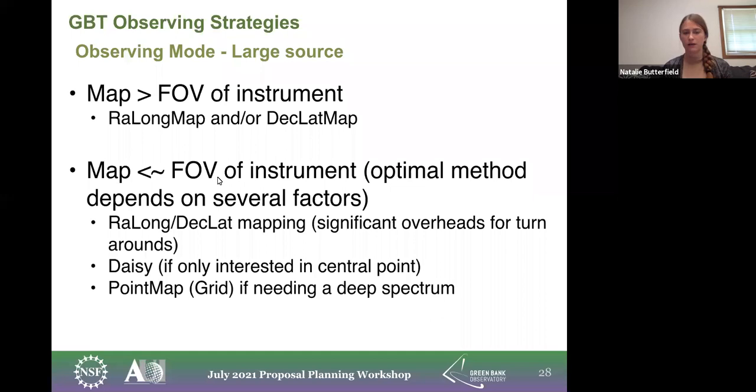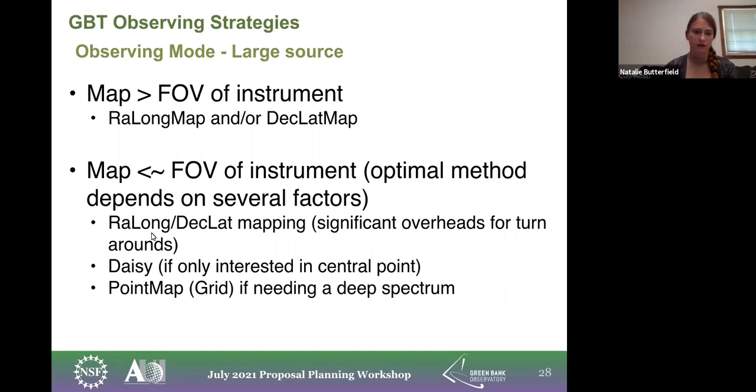There's also what's known as a daisy map. A daisy map, as I mentioned earlier, is mainly if you are interested in your central point source or your central source. I'll talk about those again in more detail in the mapping talk, as well as a point map, which is basically a grid, if you need a very deep spectrum on single parts, where you point at a region, then you move over to a different spot and point there, and move on to a different spot.